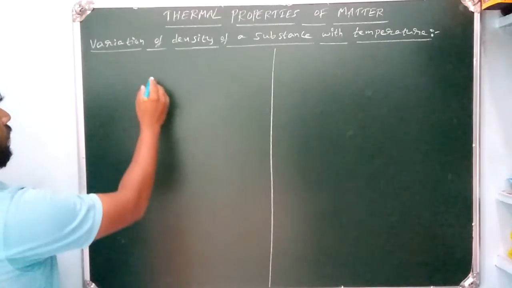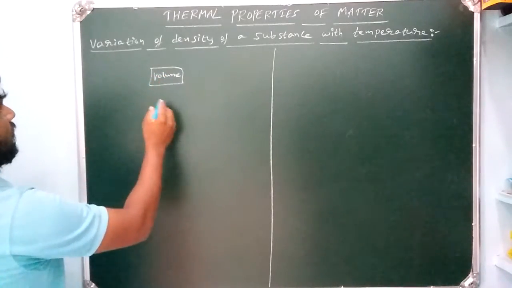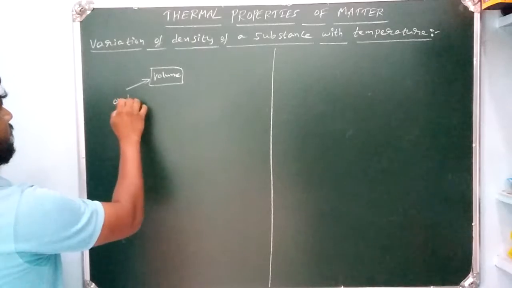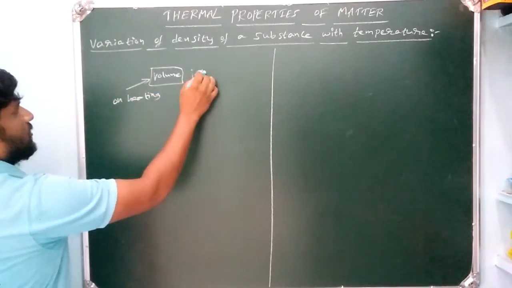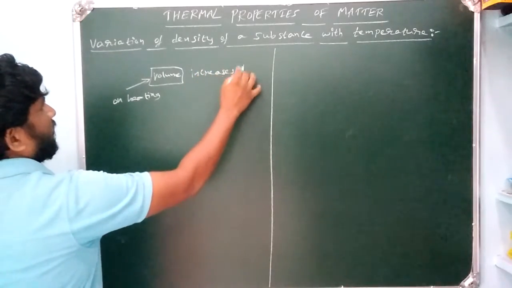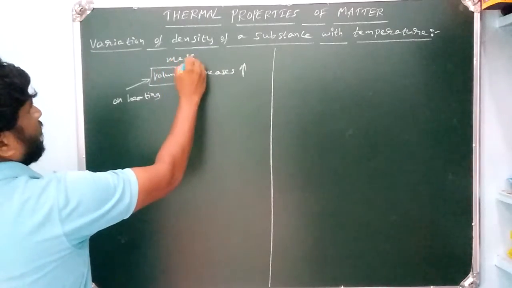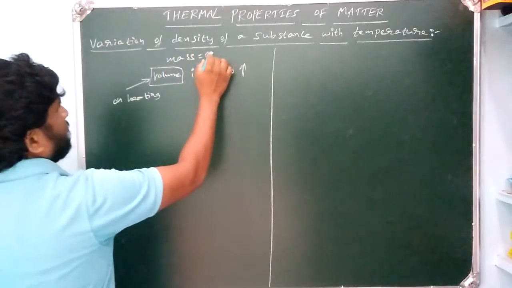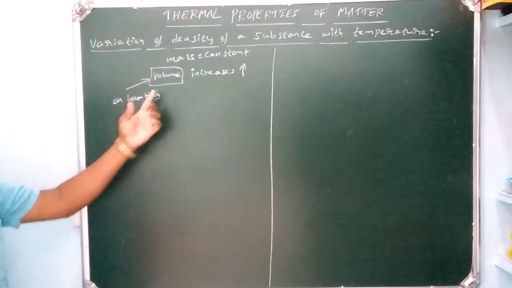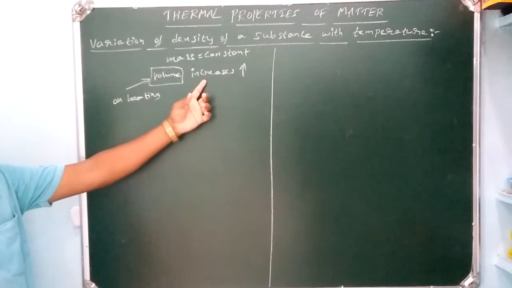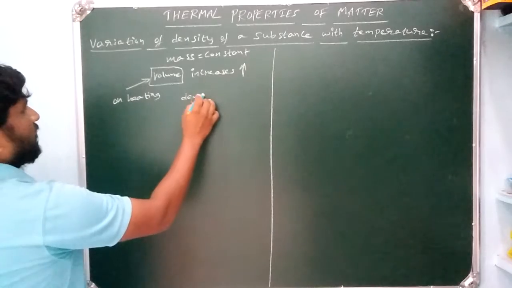Let us consider the volume of a solid. On heating, the volume of a solid increases when the mass of the solid remains constant, whereas the density decreases.